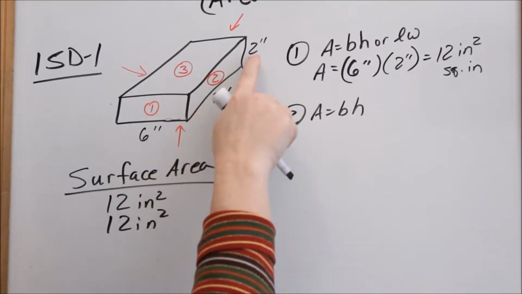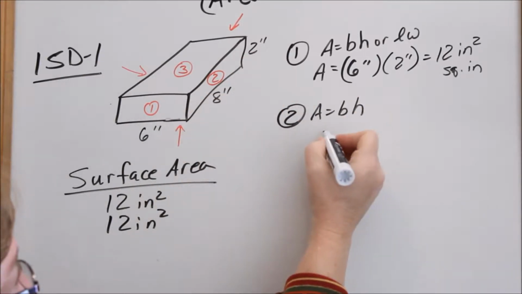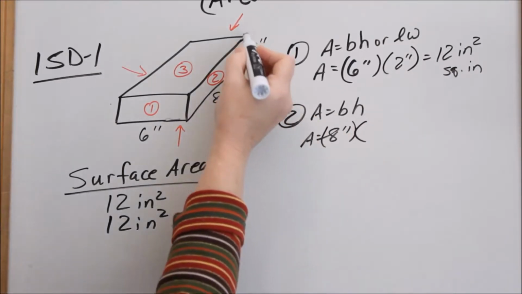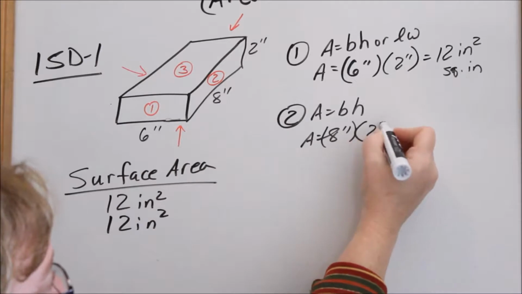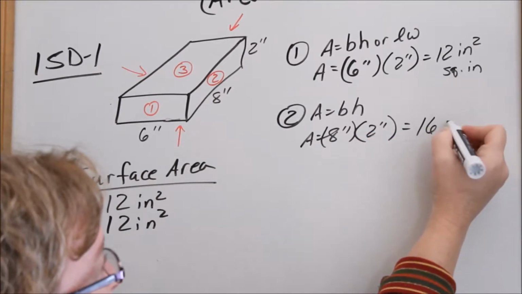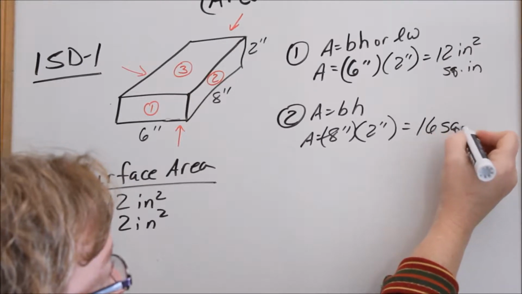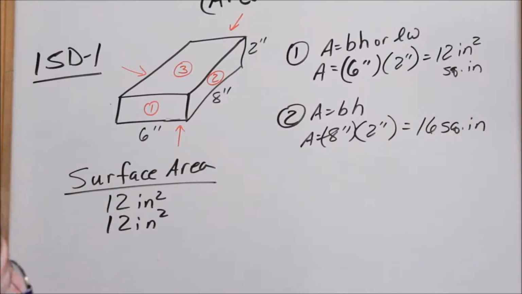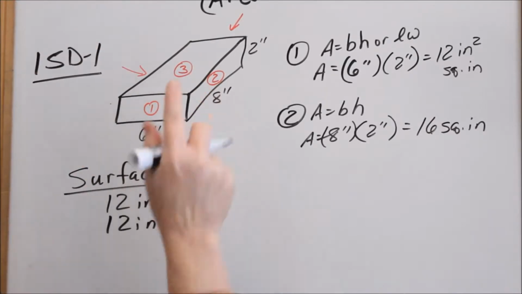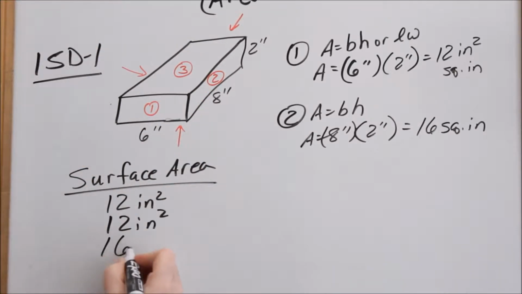This is your base, 8 inches, times my height of 2 inches. So 8 times 2, 16 square inches. And that one is 16 square inches, and then the one back here is 16 square inches. So I'm going to add that, 16 square inches and another 16 square inches.